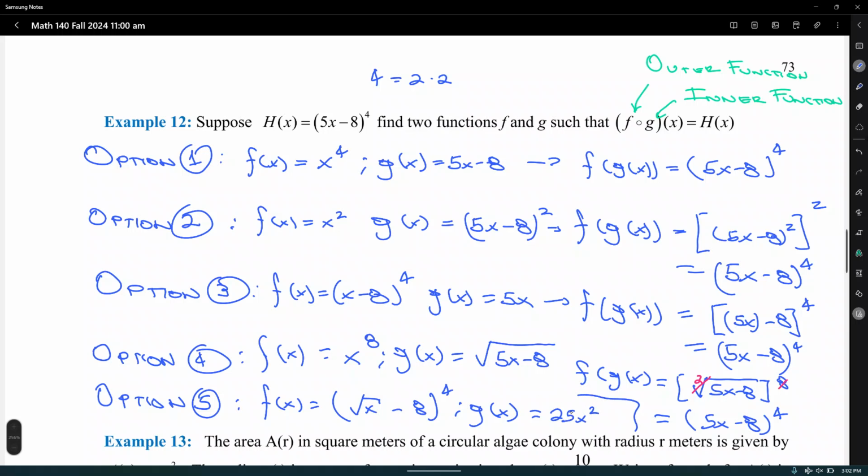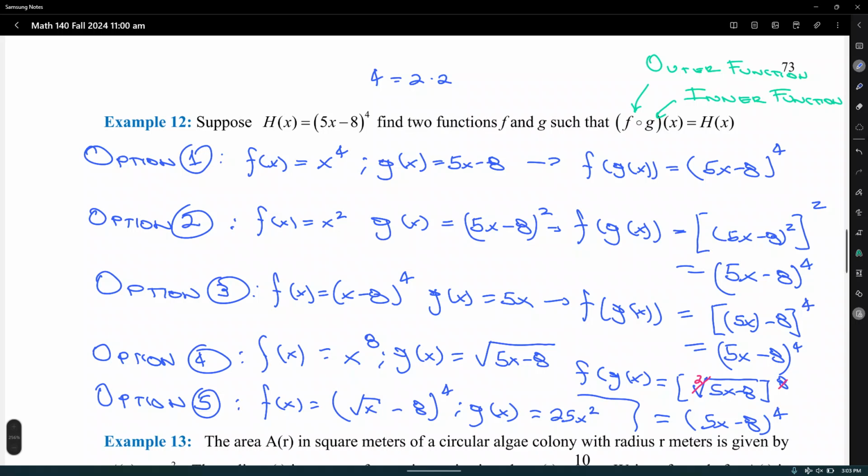This one should work because if you substitute 25x squared into this radical, you're going to take the square root of 25 to be this 5 right here, and then you're going to take the square root of x squared, which will be simply x. All right. So that's another way to decompose a function so that it gives the actual composition we're looking for.